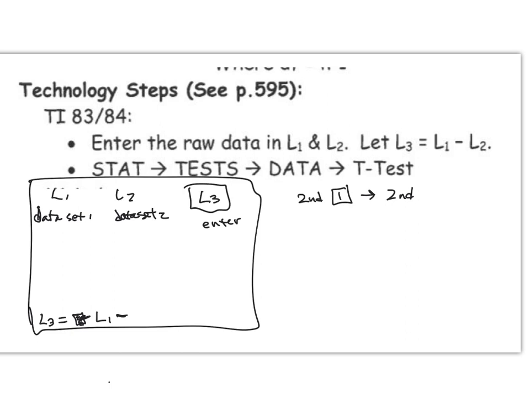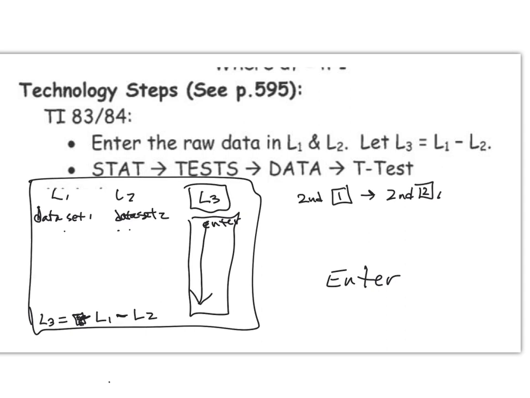And then you're going to do second, and hit 2. And down here it's going to say list 2. After you do that, you hit enter, and all your data, list 1 minus list 2, should pop up in a list next to it.